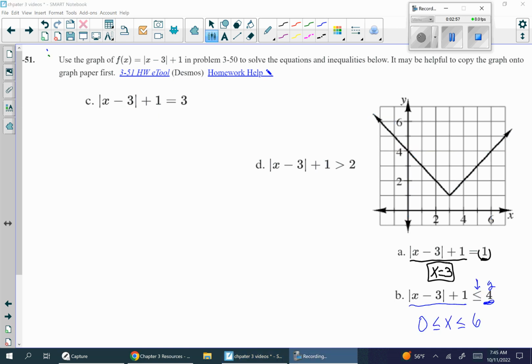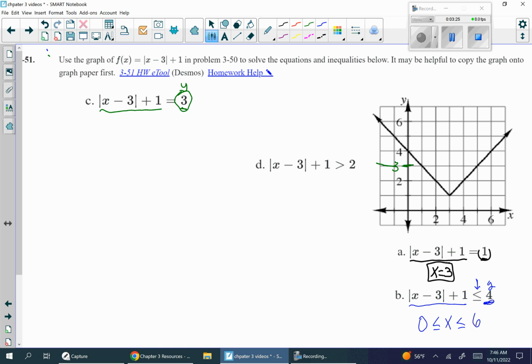Okay, let's look at part C. And in this case, we're being asked, where is the function, this guy, which we have graphed over here, equal to 3? And remember that when we do this, we're looking at the output value is 3. So we're going to go to the y-axis, which is the outputs, and we're going to 3 right here, and we're going to figure out what those inputs were in order to create that output of 3.